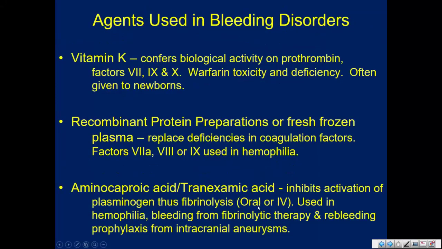This can be given orally or intravenously, used in hemophilia, bleeding from fibrinolytic therapy, and rebleeding prophylaxis from intracranial aneurysm. So these are a variety of agents: vitamin K, protein preparations, or just plasma, or these drugs to be given on a variety of phenotypes that are prone to bleeding. So here we're promoting coagulation rather than inhibiting coagulation.